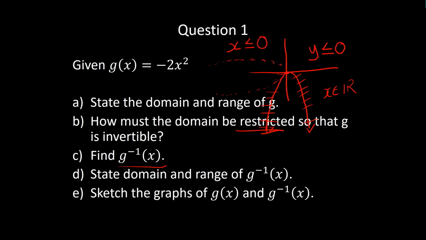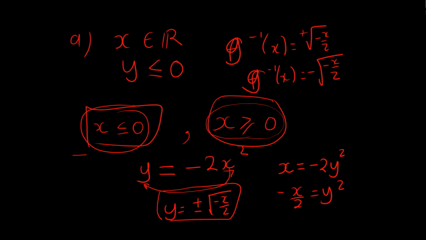But once we restricted either to the positive or the negative values of x, we then got a graph where we saw that either y was greater than or equal to 0 or y was less than or equal to 0. So it took on the values that x did in the original function. All right, hopefully that clears it up for you if you were misunderstanding a little bit there.